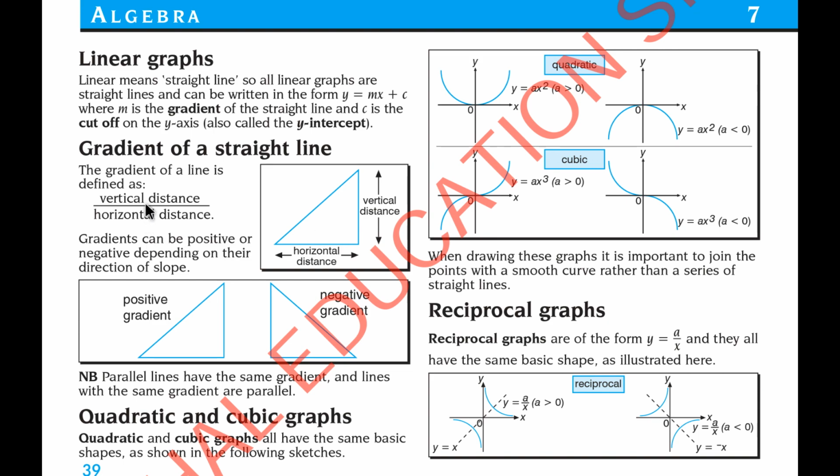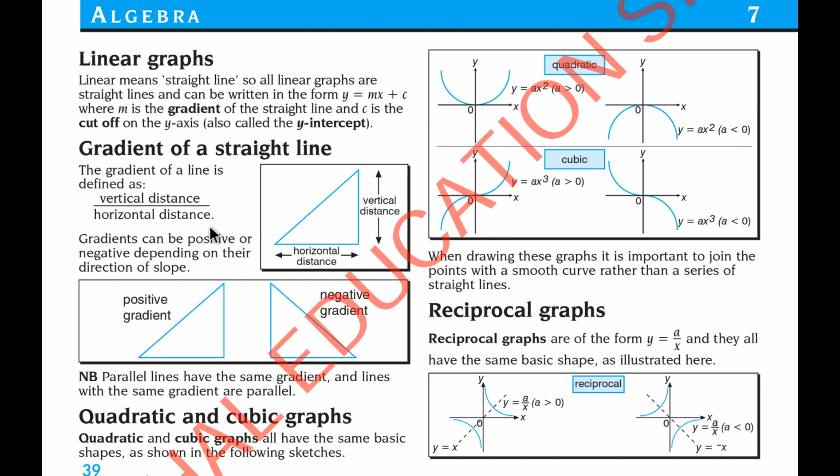But there is another equation for gradient. Gradient equals the difference between y coordinates over the difference between x coordinates, or it's well known as m equals delta y over delta x, or you can write m equals y2 minus y1 over x2 minus x1. x1, y1 and x2, y2 are coordinates on the straight line.